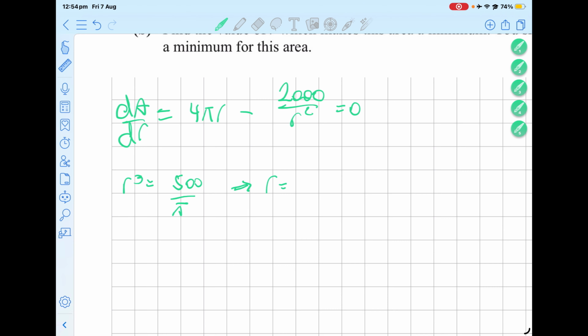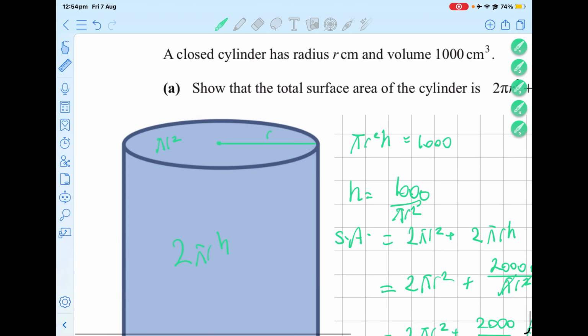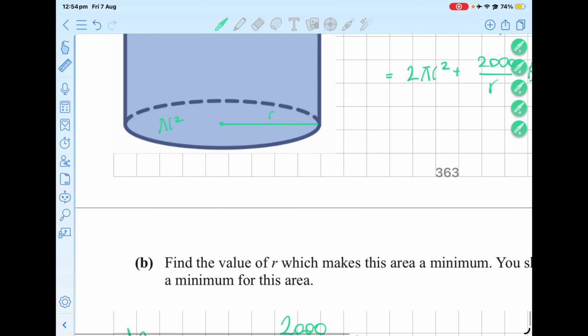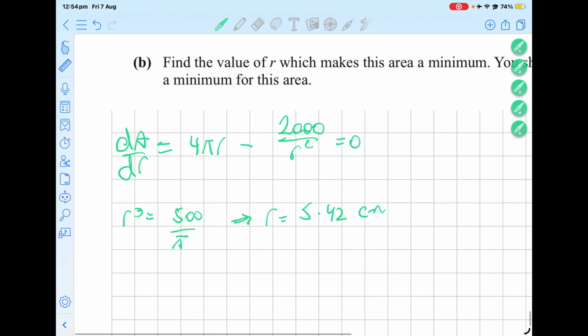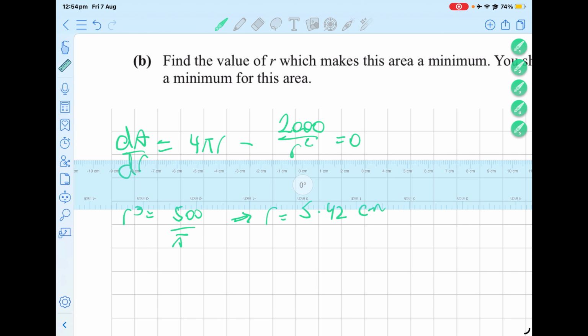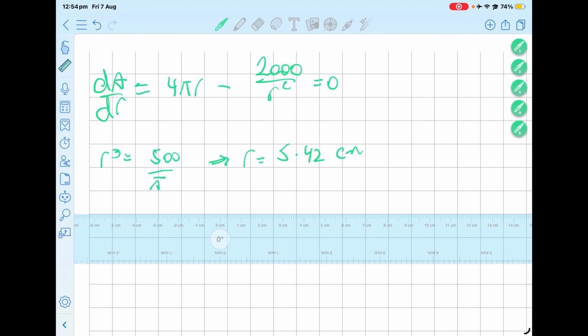So this is 5.42. Is it in centimeters? Yeah, it's in centimeters. So 5.42 centimeters is starting from here and going this much.